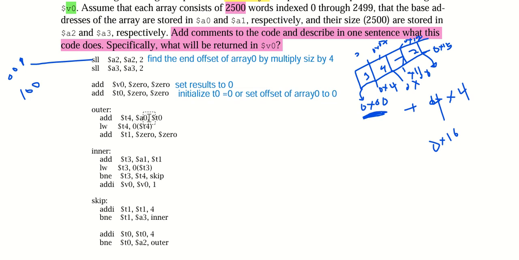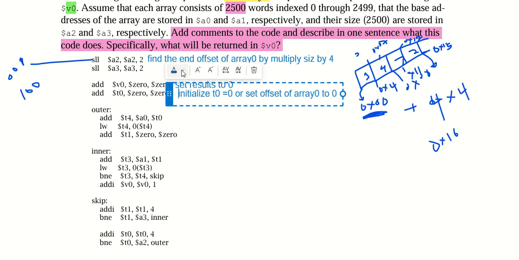I think this part. t0 was being used to be added to the base address and put into t4, which means that t0 is the offset, right? So we are setting the offset of array 0 to 0. We don't really know what it does, but maybe we may change it. So let me put this in red. I'm not really sure what it does at the moment.